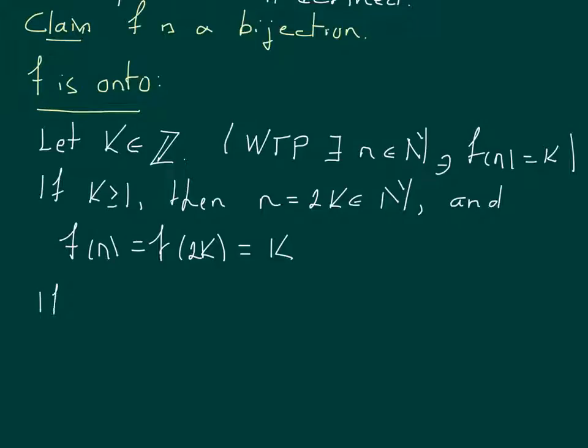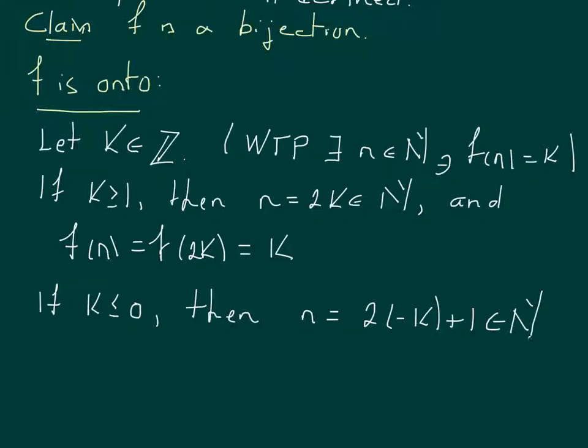If, on the other hand, k is less than or equal to 0, well, then certainly n equal to 2 times minus k plus 1 is going to be a positive integer, right? k is less than or equal to 0, so minus k is greater than or equal to 0. Multiply by 2, still greater than or equal to 0, and add 1. We have a positive integer at least as big as 1.